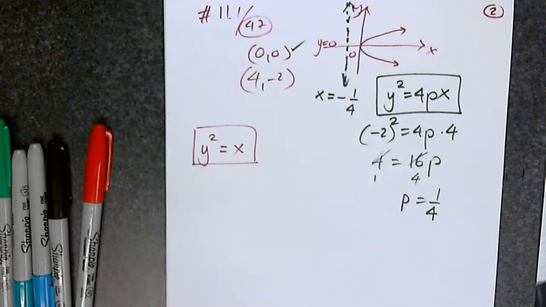It's the horizontal line passing through the vertex. For a parabola opening upwards or downwards, the axis of symmetry is the vertical line going through the vertex. But if it's this, it's the horizontal line going through the vertex. Good. Anything else? Are we okay?